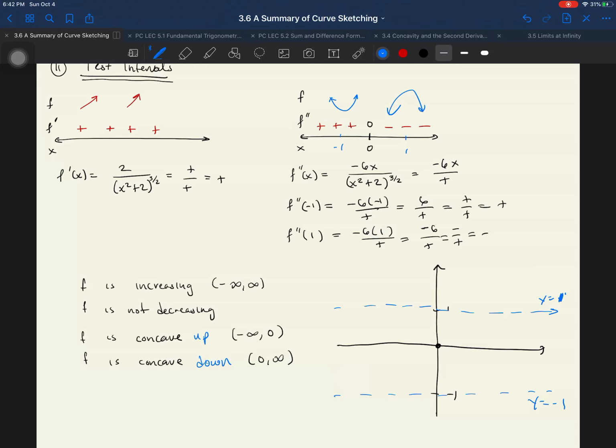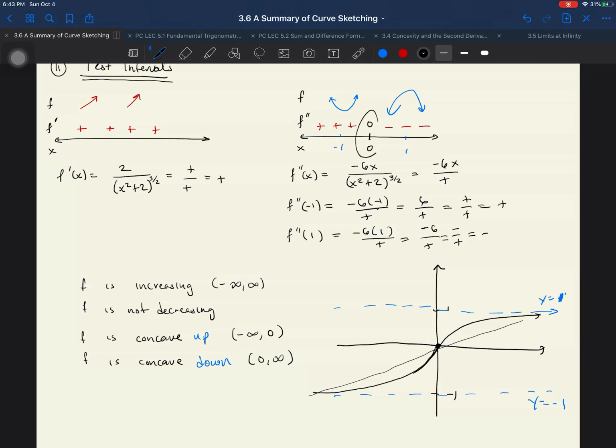All right, so what else do we have? We know the function is always increasing, so it's going to look like this: increasing, increasing, increasing. But we also know that the function is concave up, so it's going to look something of this form. Then from here we have an inflection point, and then it becomes concave down.